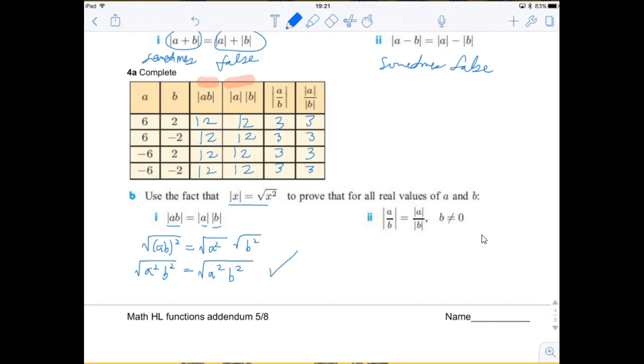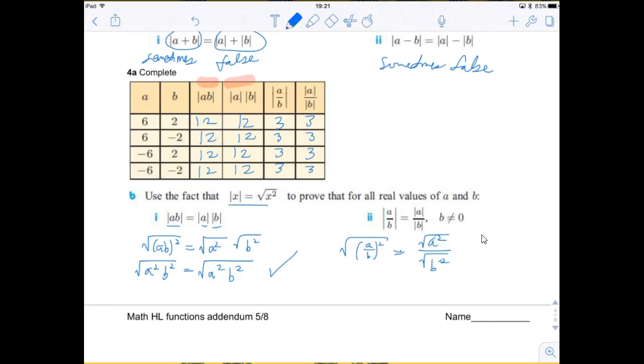Okay? For number 2, we'll do something similar. So we'll have absolute value of a divided by b. So we're going to instead put square root of a divided by b squared equals square root of a squared divided by square root of b squared.